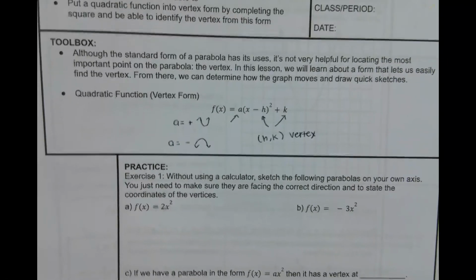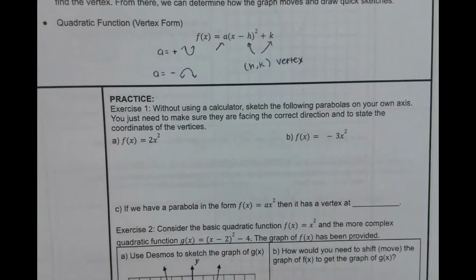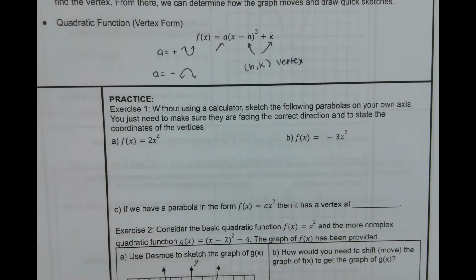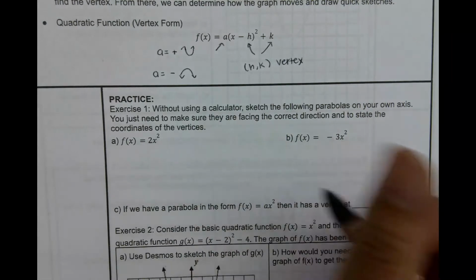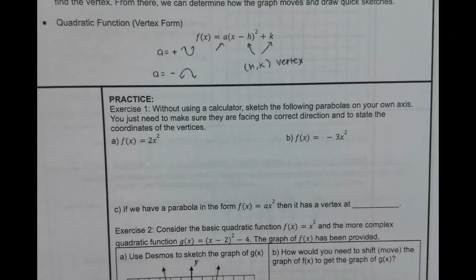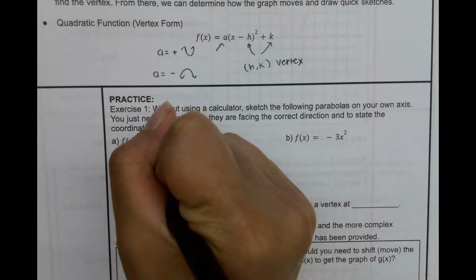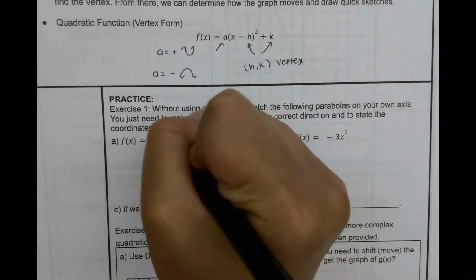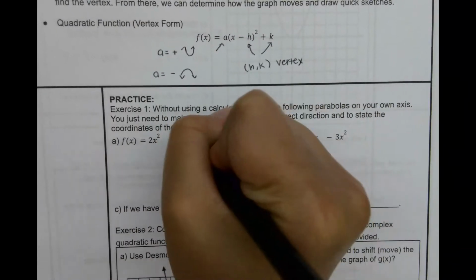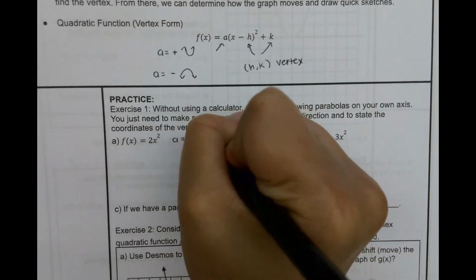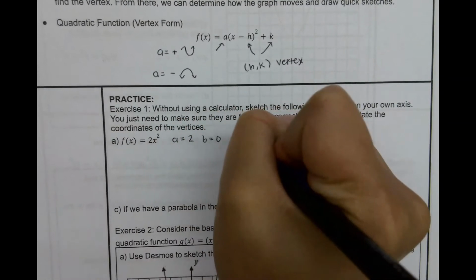Okay? So let's start here. Without using a calculator, we're going to sketch the following parabolas on our own axis. We just need to make sure that it's facing the correct direction and to state the coordinates of the vertices, right? So here, it's in standard form, a equals 2, b equals 0, c equals 0, right?